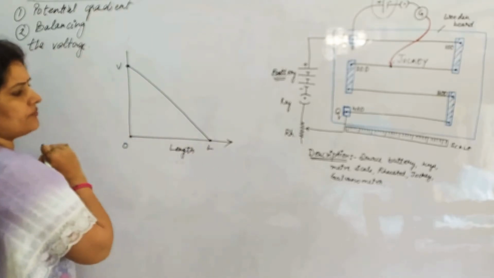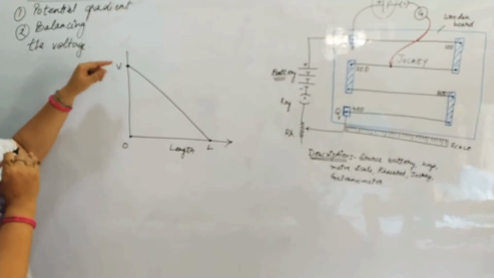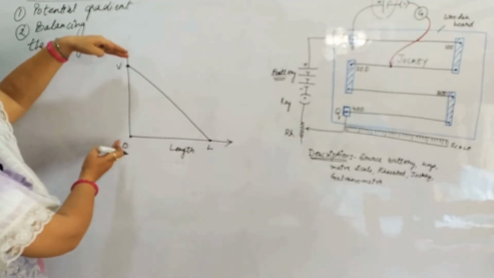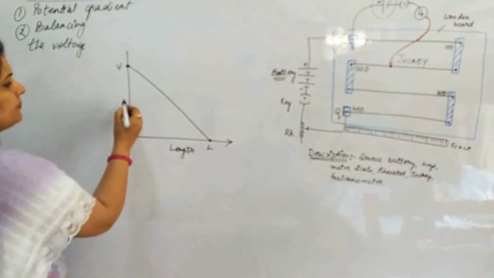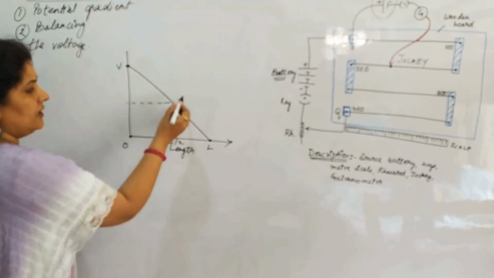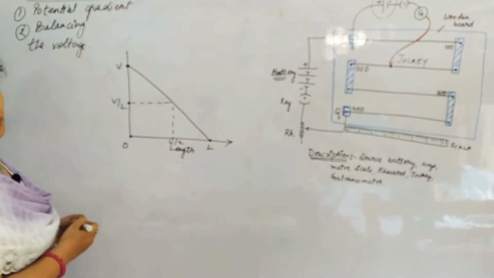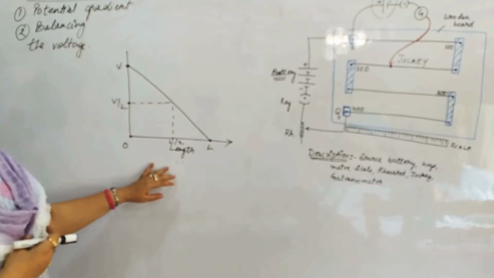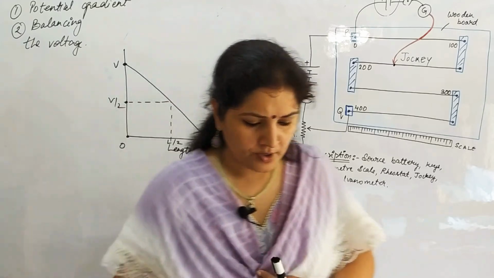We get this type of graph. When V is maximum, length is 0. As you increase the length, V drops. Suppose we take a particular point L/2, half length, then the potential will also drop to half. So that is the graph between the potential and the length of the wire. Right? So we will now discuss the description of the potentiometer.